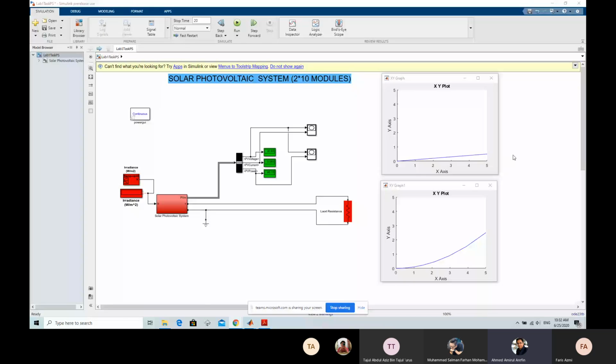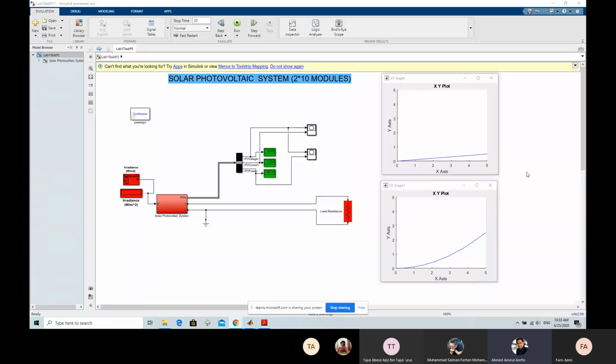Okay, so, the two plots. The upper one is the IV, and the lower one is the PV. The important thing is the discussion of what you are seeing.